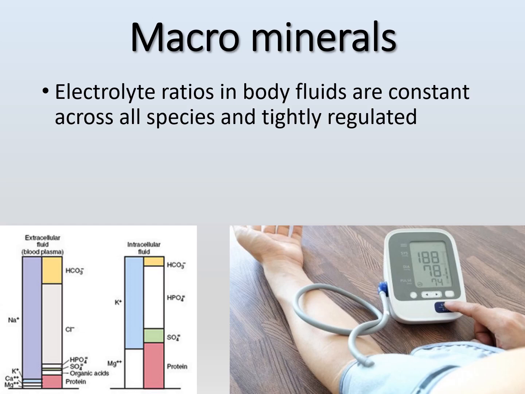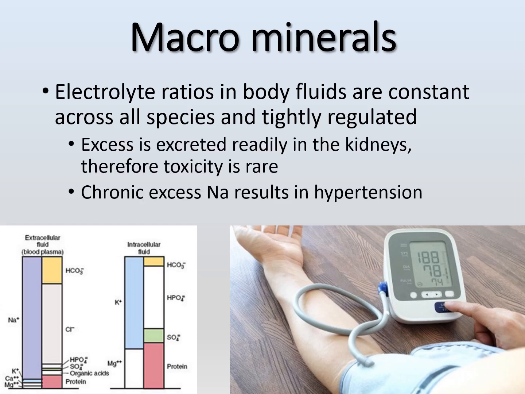So electrolyte ratios, these ratios of these macrominerals in our body fluids are very tightly regulated, and they're also fairly constant across all species. So if you were to test the body fluid of other animals compared to us, you would see the same ratios.